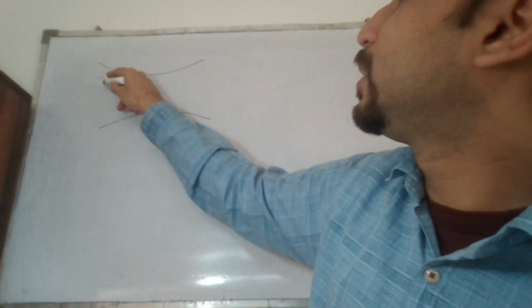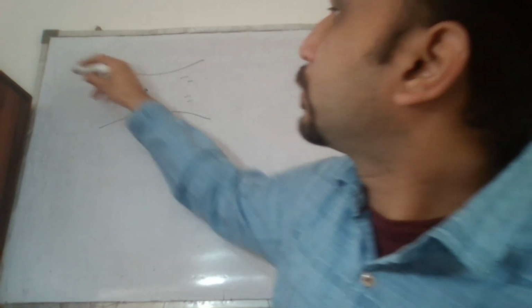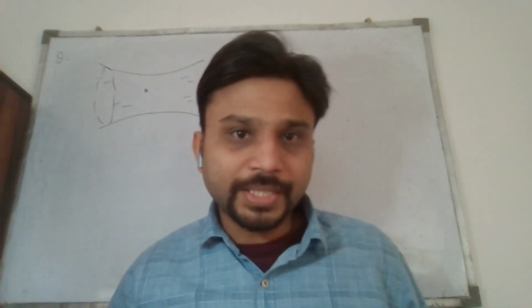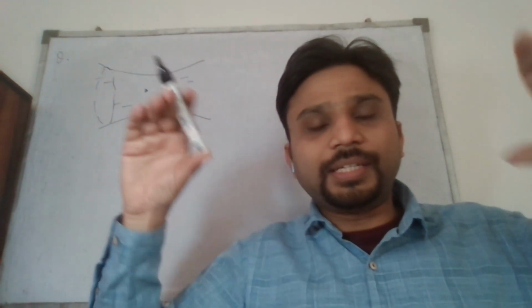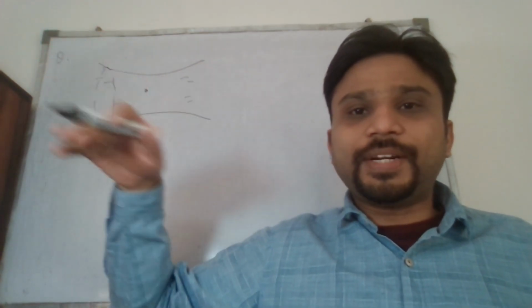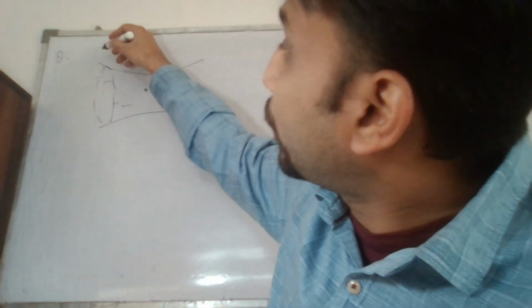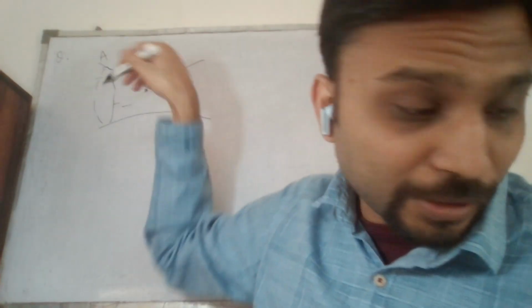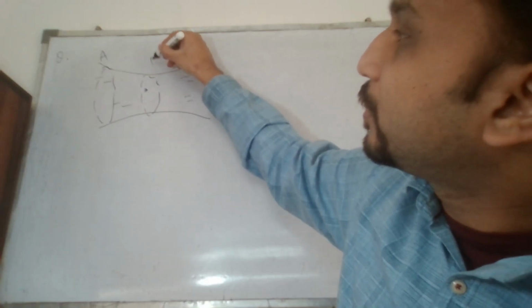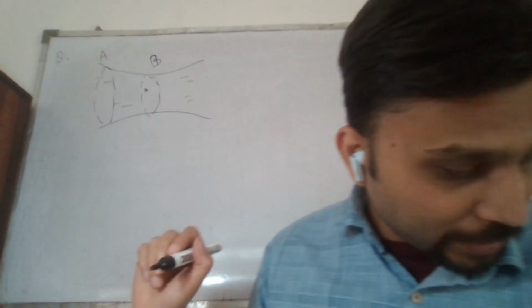This tube has two cross-section areas. Basically, it is getting slimmer at the middle, and then it gets wider at the other end. At the point where it is wide, we'll say this cross-section is A. At the point where it is very slim, that section we'll say is B.